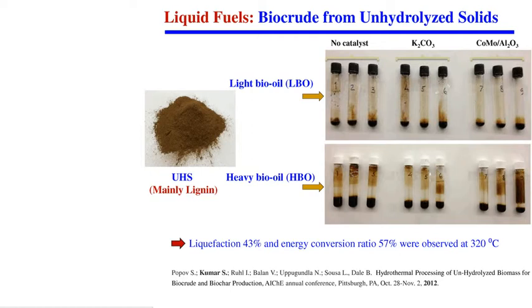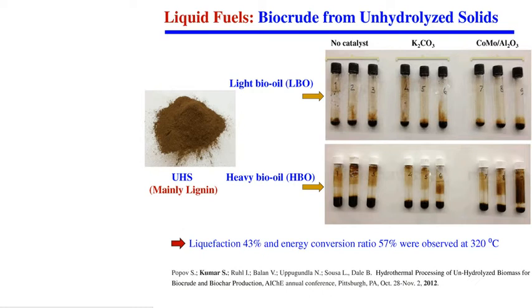Another application: when I told you that when you do the ethanol production, the unhydrolyzed solid, the majority of lignin and some of the unhydrolyzed sugars, they can be liquefied. And recently our group did that with corn stover leftover material, doing hydrothermal liquefaction at 320 degrees C, and you can see that you can get bio oil in two fractions, light bio oil and heavy bio oil fraction.